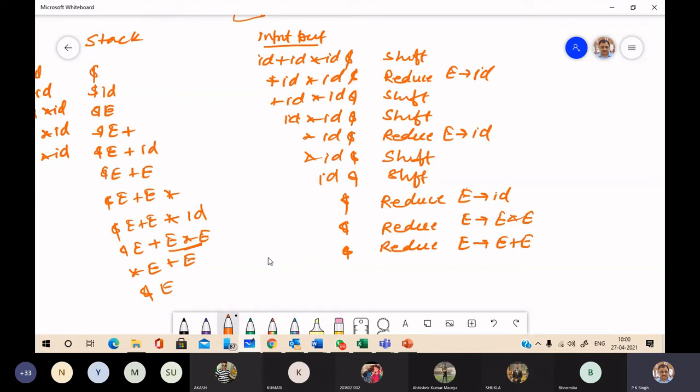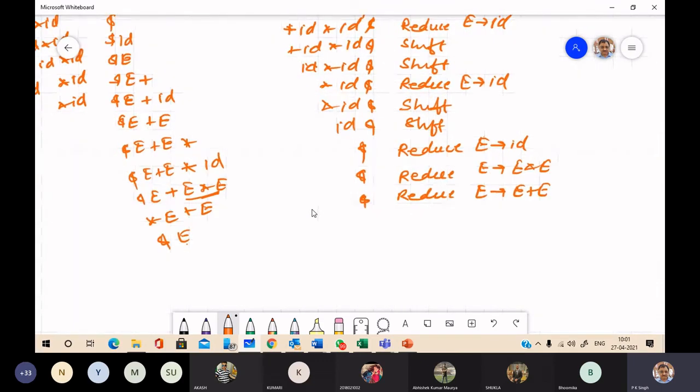If the TOS is pointing to the start symbol of the grammar, that is E, and IP is pointing to the dollar, the end of input marker, in that case there is successful completion of the parsing, and it returns the syntactic structure. Now see how the syntactic structure gets created.